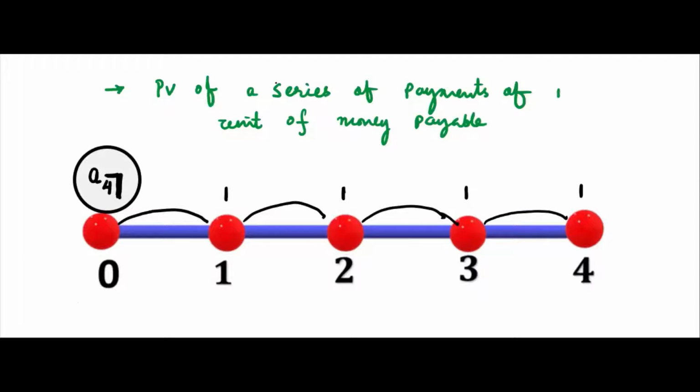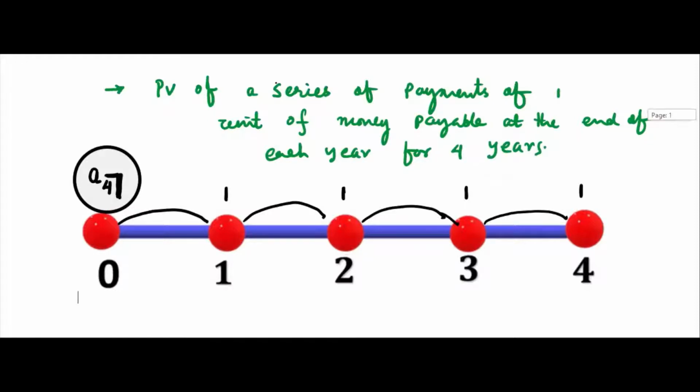Once means I will not write. 1 unit of money payable at the end of each year for 4 years. You can generalize this for n years.